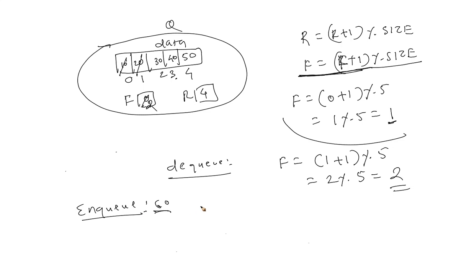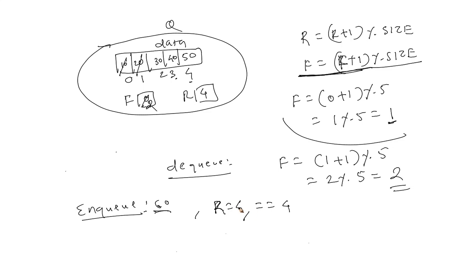Now, had this been a linear queue, what would we do? We'll first check if the queue is full. R is equal to 4, and is this equal to the last location of the array? The last location of the array is 4.